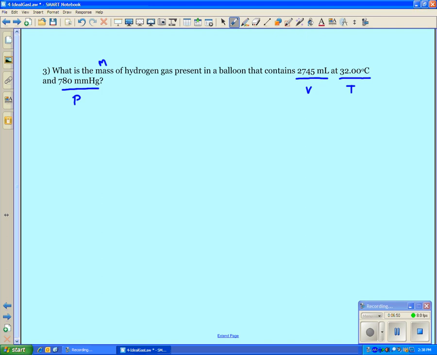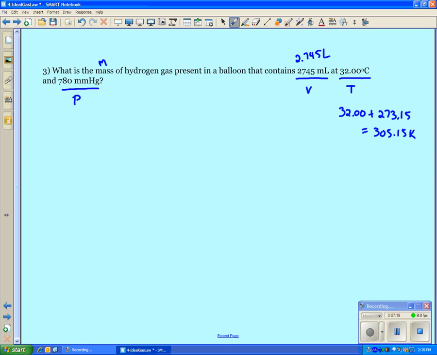I think this one we can probably do in our heads. 2.745 liters. We don't have to write that one out fully. For temperature, we need Kelvin. So 32.00 plus 273.15 is going to give us our Kelvin temperature. So that's going to be 305.15.